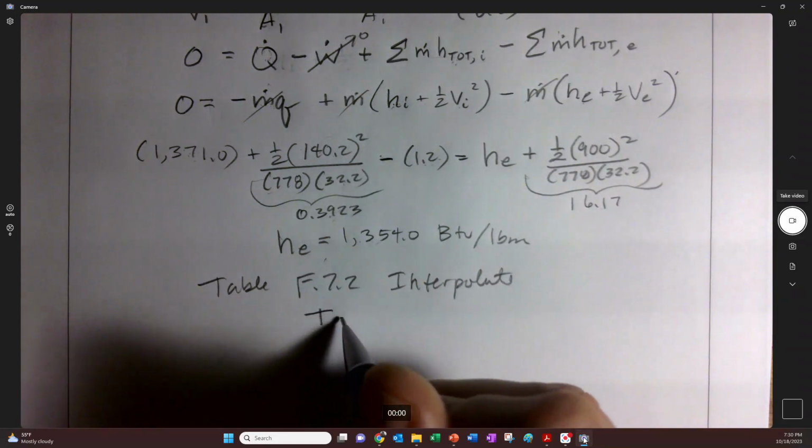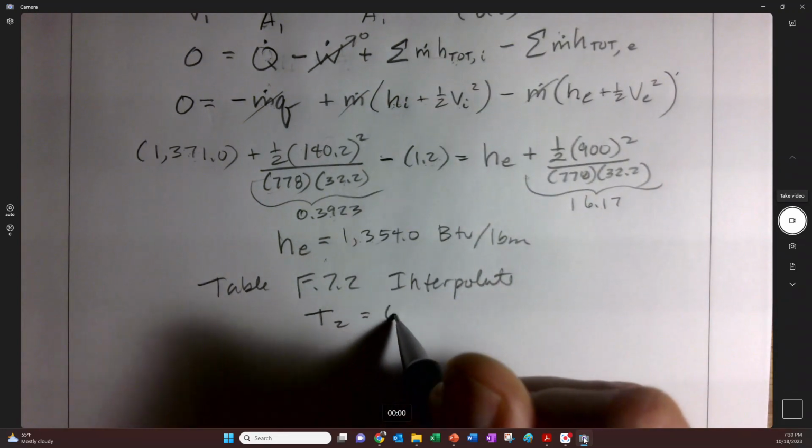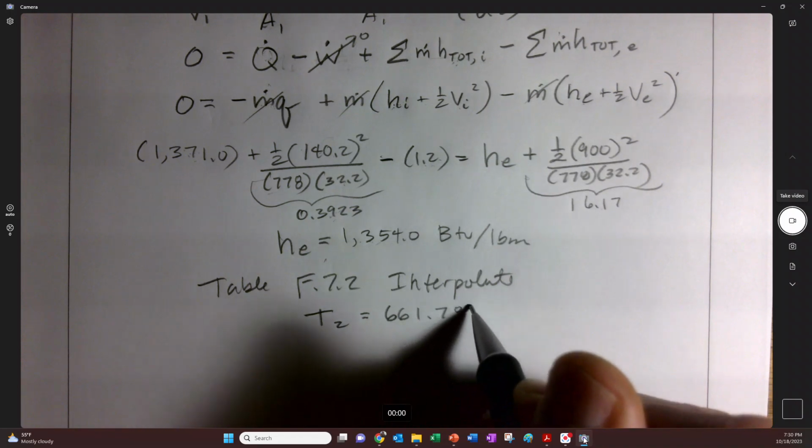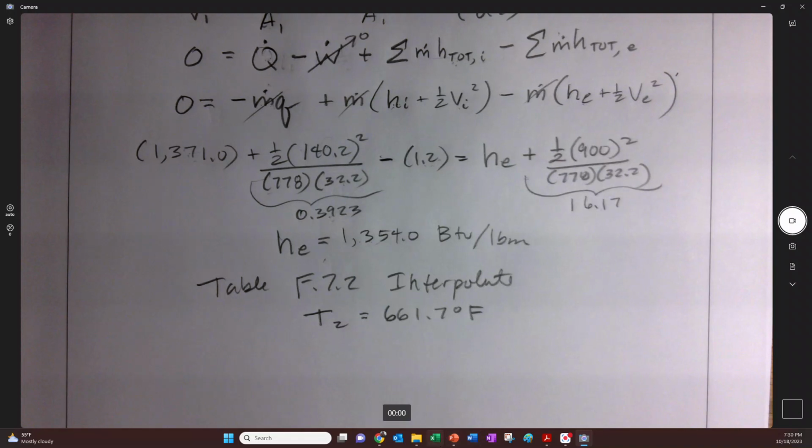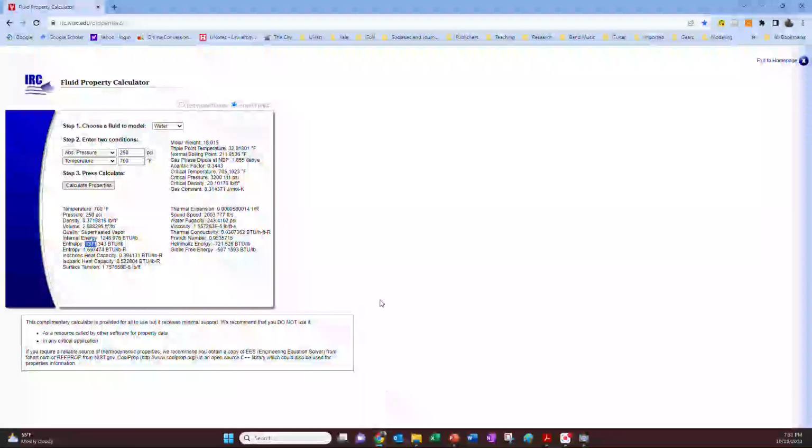We get T2 is equal to 661.7 degrees Fahrenheit.